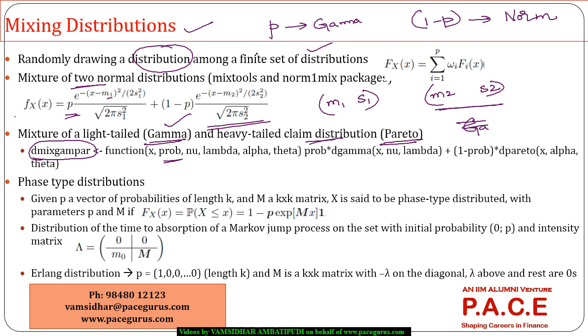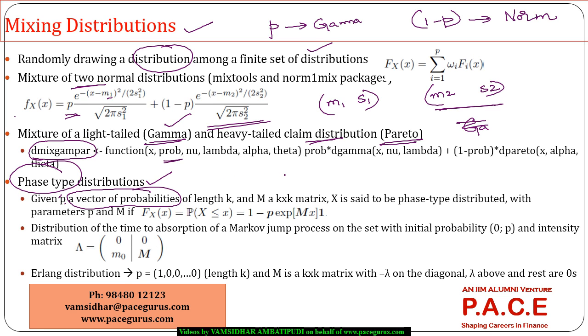Now, one more important point before we wrap up: among the mixture distributions, we have something called phase type distributions, especially when we are talking about a vector of probabilities.